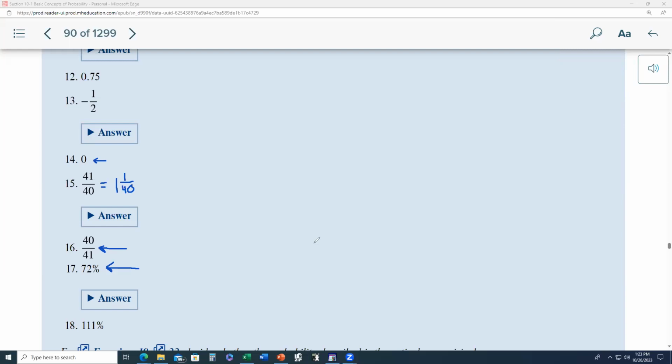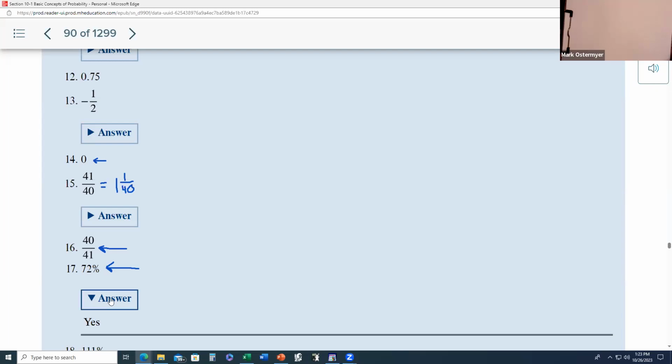Probably not. I would be leaning towards not, based on the fact that we have been told that probabilities for this course should be expressed as a decimal or a fraction between 0 and 1. That's not a decimal or a fraction between 0 and 1. So let's see what your author answered for this question. Yes. I stand corrected.